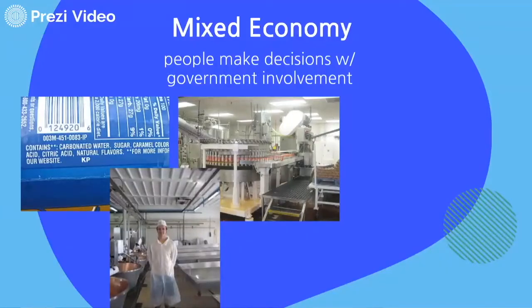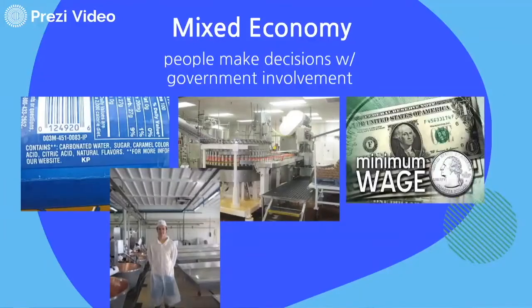What you'll see, the cleanliness, the sanitation of the factory, all of that's going to be regulated by the government. Also, the employees have to be paid minimum wage. The employers of Pepsi cannot just pay whatever they want to pay. Now, they can to some extent, but it has to be at least minimum wage, and the minimum wage is set by the government.